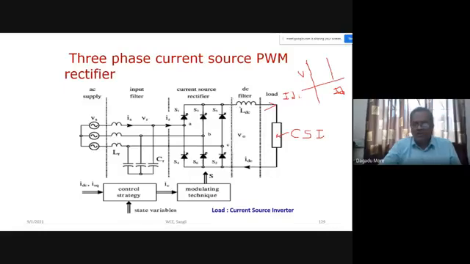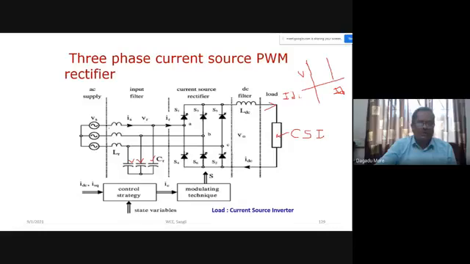In the voltage source PWM rectifier at the input side we require an inductor, but here at the input side we require a capacitor. So that duality is present between these.